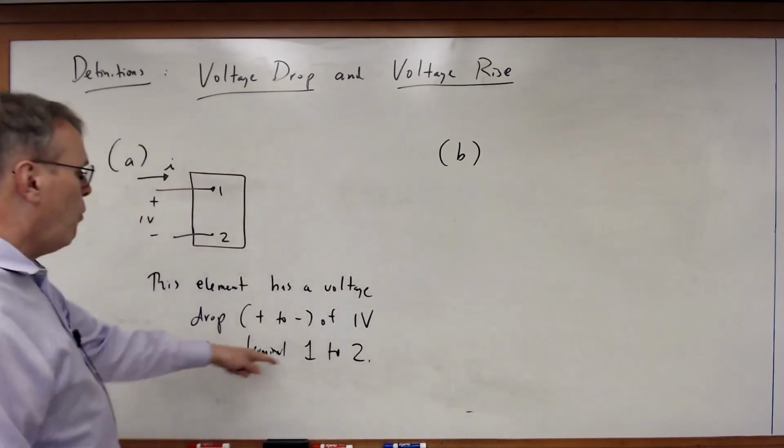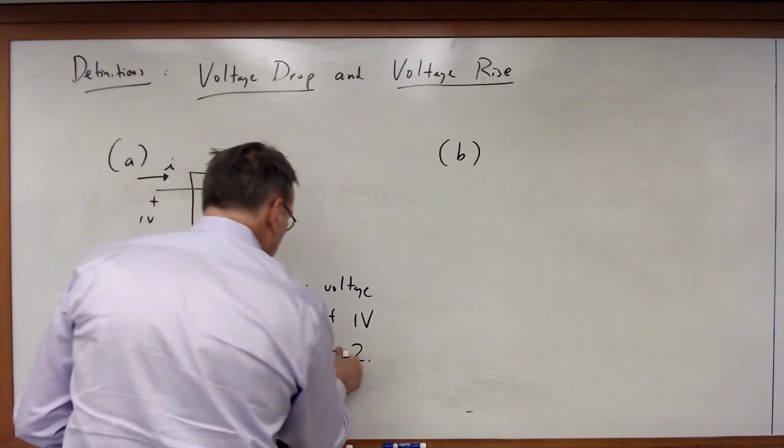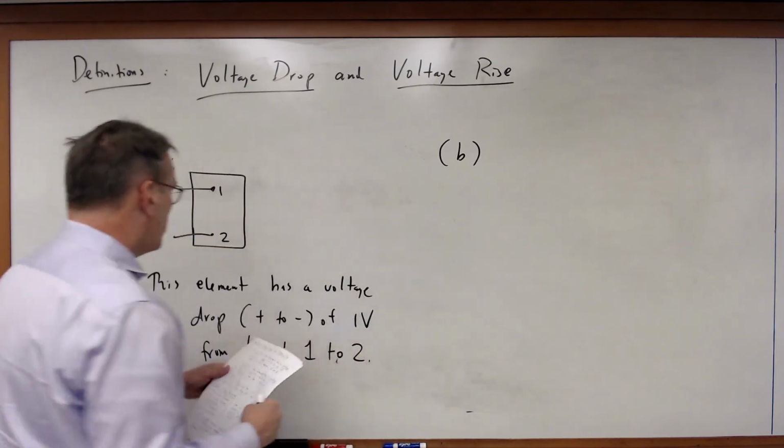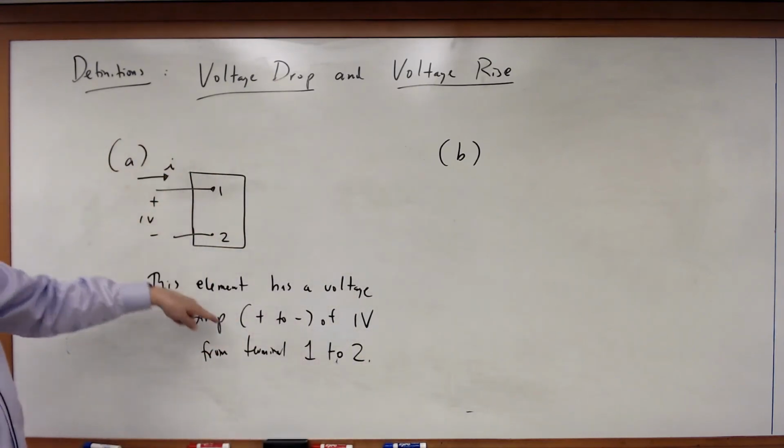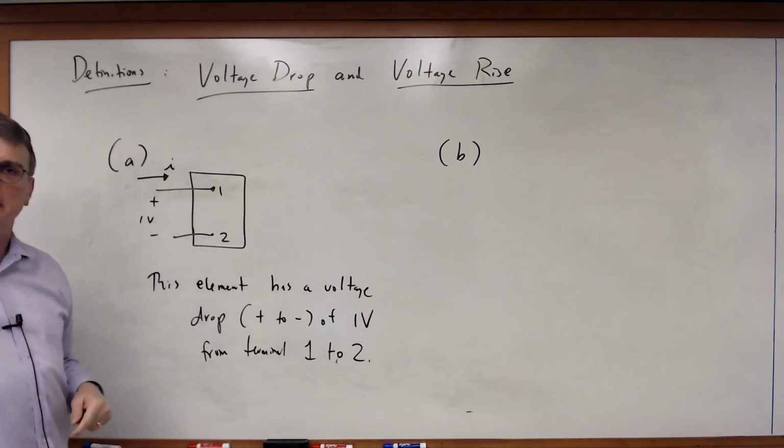So from terminal 1 to terminal 2, I say I have a voltage drop, positive to negative, of 1 volt, the way I've drawn this element.